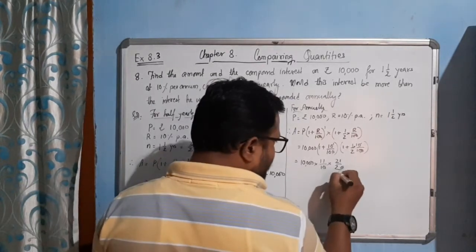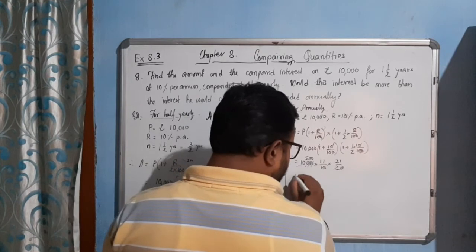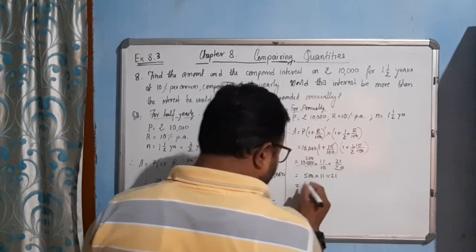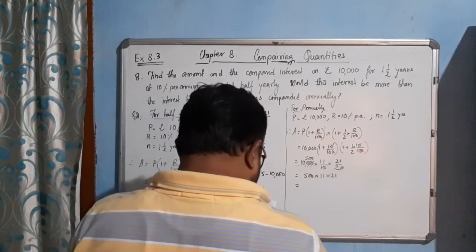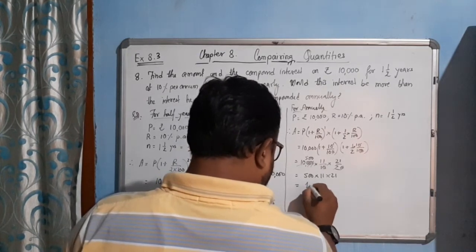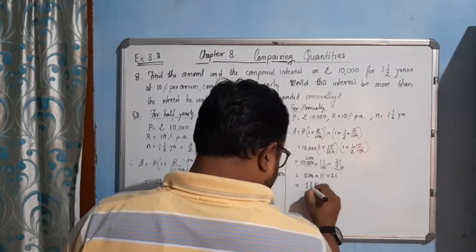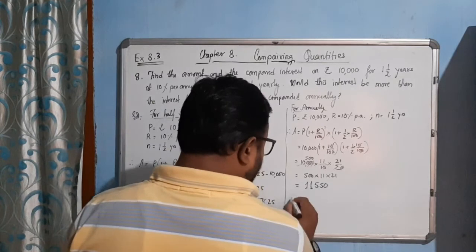See, this cancels, 00 cancel, 2 500. So 500 into 11 into 21. I already did the calculation here. You will get 11,550. Okay, see here, it is the amount.